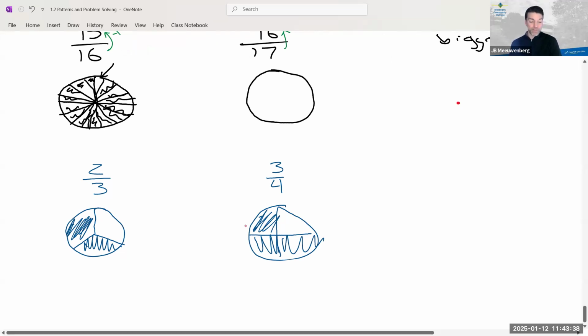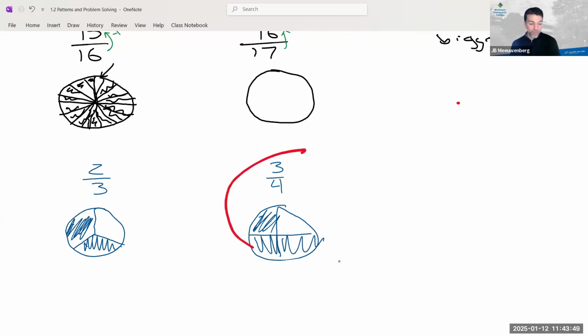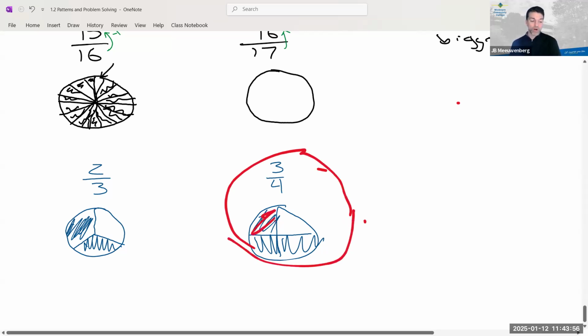Bigger means it's got more stuff shaded. Well, look at the size of the unshaded sections. This is smaller than this one. So just based on the picture, 3/4 is the bigger fraction, because it has more of its section shaded.